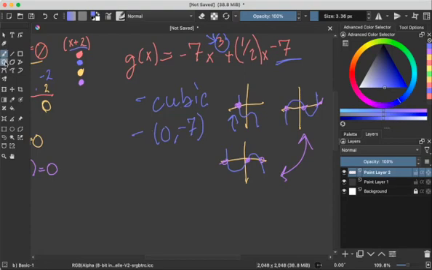So the next thing we need to look at is the turning point. That would be B. And this one, that would be these. See how the graph changes here, goes up again, and goes down.